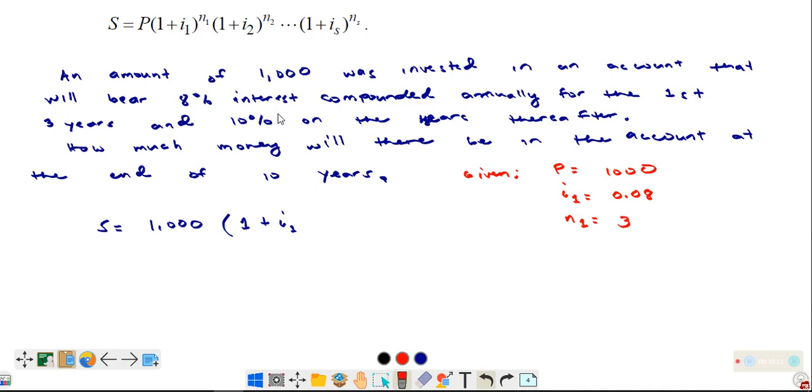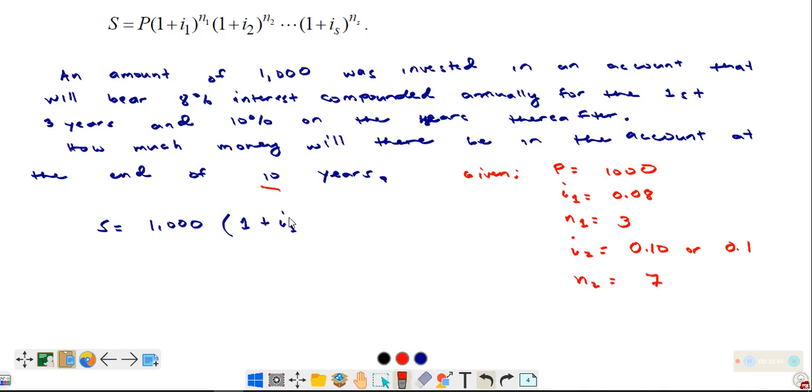Tapos yung mga sumunod na year na sa kanya, magkakaroon ka na ng 10% na interest or 0.10 or 0.1. Eh gaano katagal mo iiwan dun yung money mo after nung unang term na 3 years. So you have a remaining 7 years pa. So meron ka ditong n sub 2 is equal to 7 years.